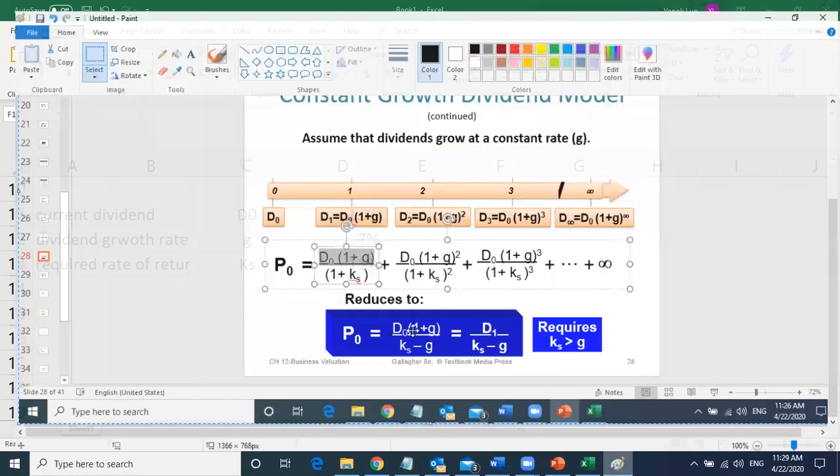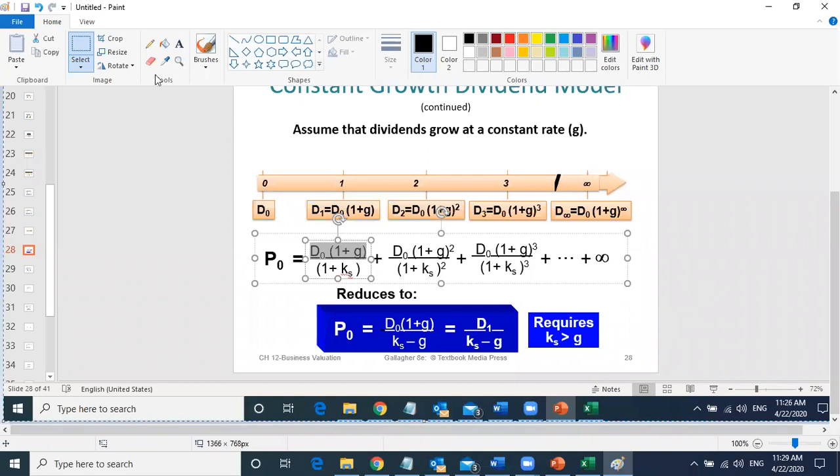Remember, we are going to use this formula, the formula for the price of common stock.